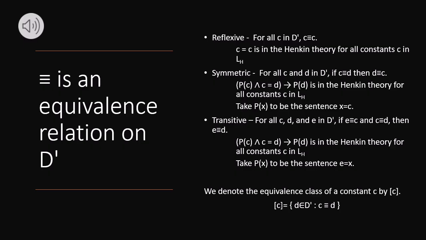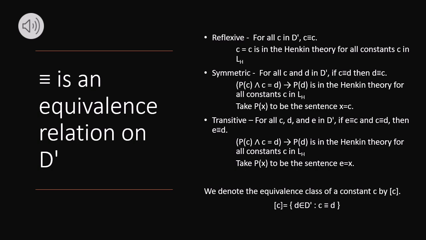So let's go through this step by step. First, reflexive means that for every constant C in D prime, C is equivalent to C. And the reason this is the case is that in our Henkin theory, for all of the constants in our expanded language, C equals C was one of our axioms.